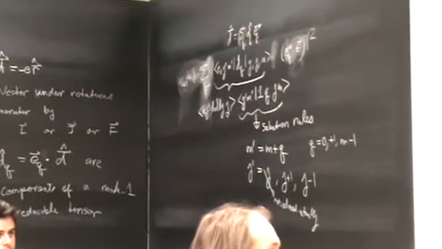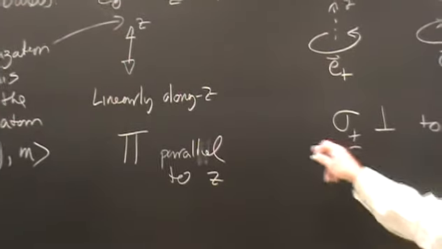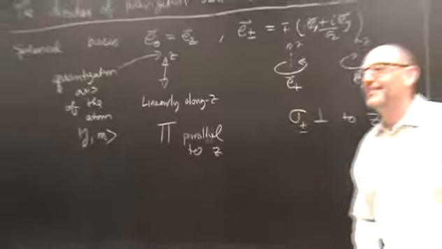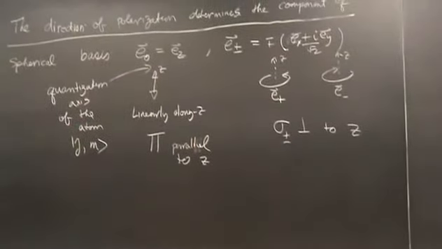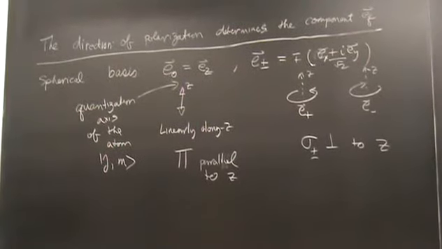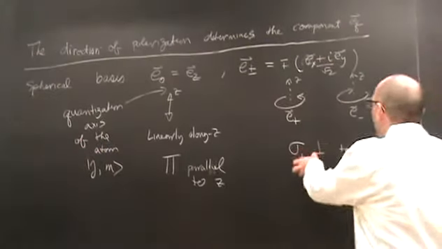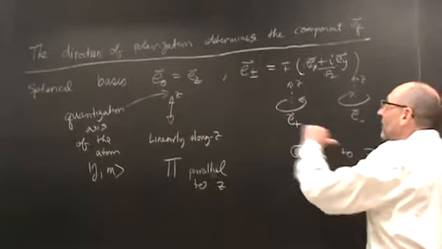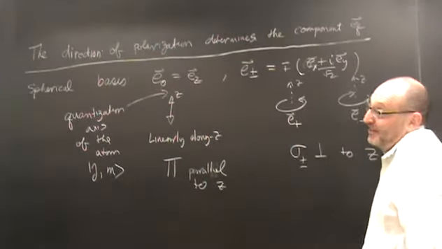And there's two possibilities. It could be sigma plus or sigma minus, because sigma is the German for perpendicular. So sigma plus and sigma minus, as we will see, have to do with the component relative to z, not the component relative to k, necessarily.